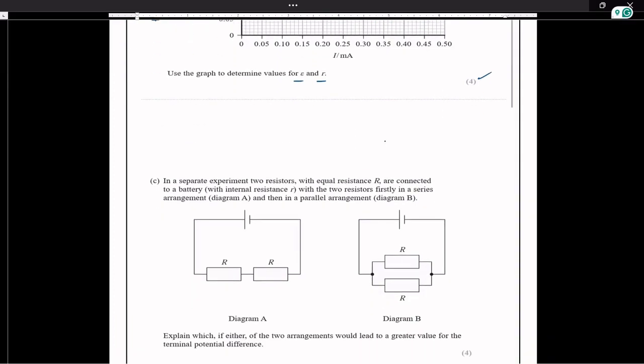Find the value of EMF. I'm writing EMF E, it is the y-intercept of the graph or the line. And we are getting it as 0.29 volt. This is the EMF value we are getting.